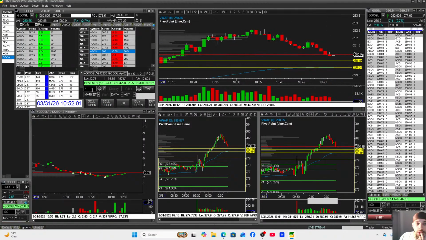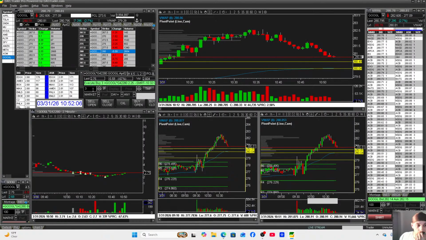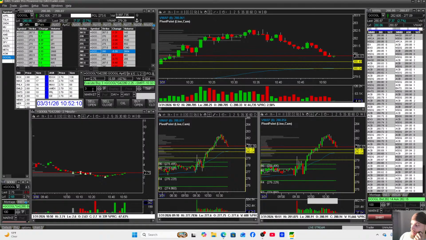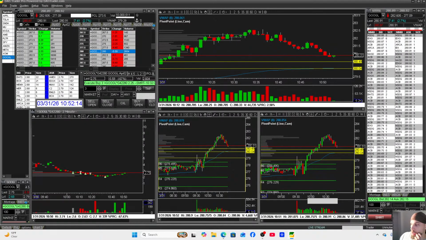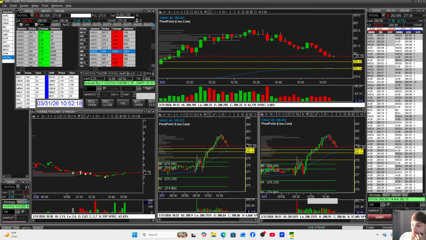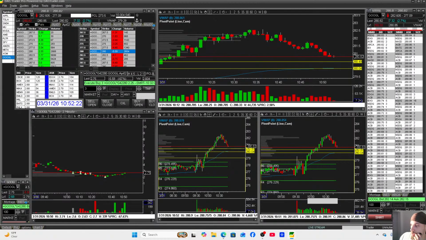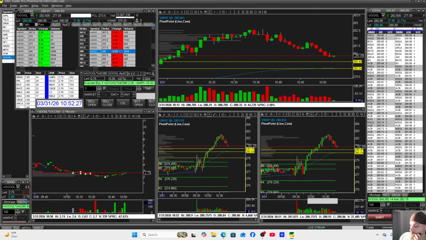Grinding down, it's nice. So we're almost making a double bottom on the Qs and SPY. More so the Qs, not the SPY.